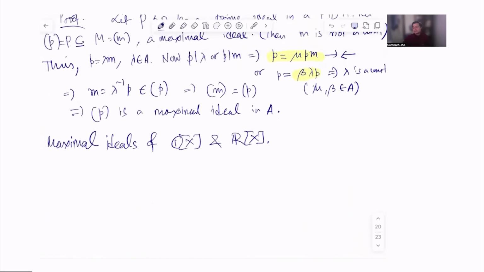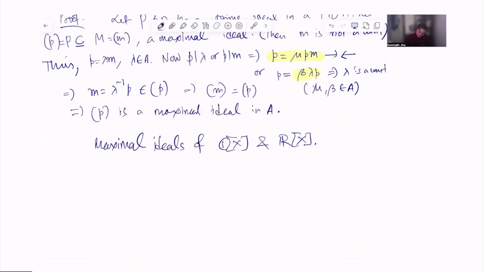So I wanted to discuss some examples of maximal ideals in polynomial rings. Examples of maximal ideals in C[x] and R[x]. Okay, so I want to discuss maximal ideals in C[x] and R[x].